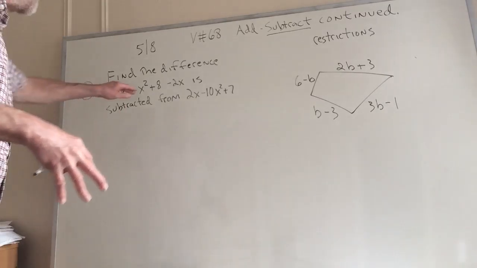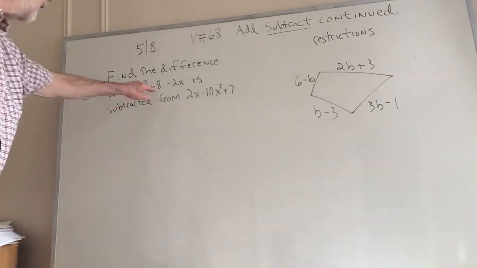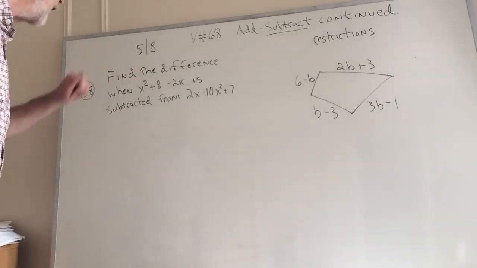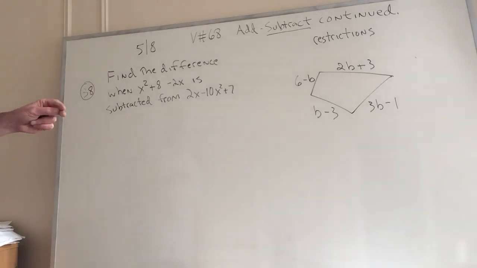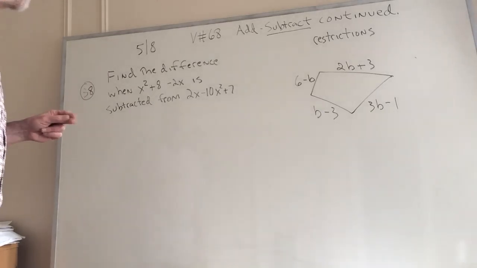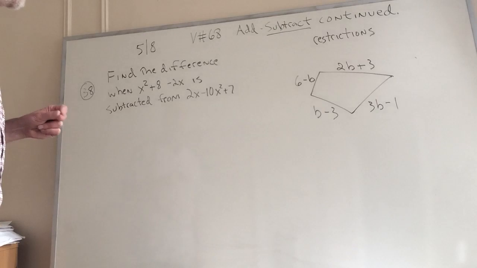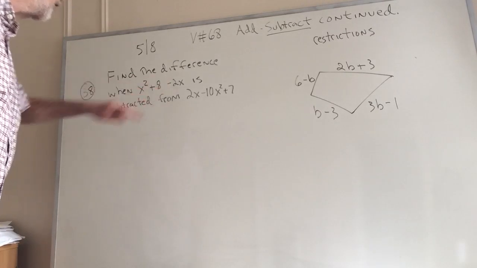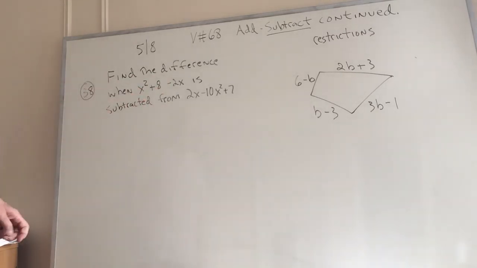For example here, when I look at the first one in 38, notice that they didn't put it in standard form. It's a trinomial, third degree, right? That's what third degree means. And it's not third degree, I mean it's second degree. It's a trinomial with 3 separate terms, okay?